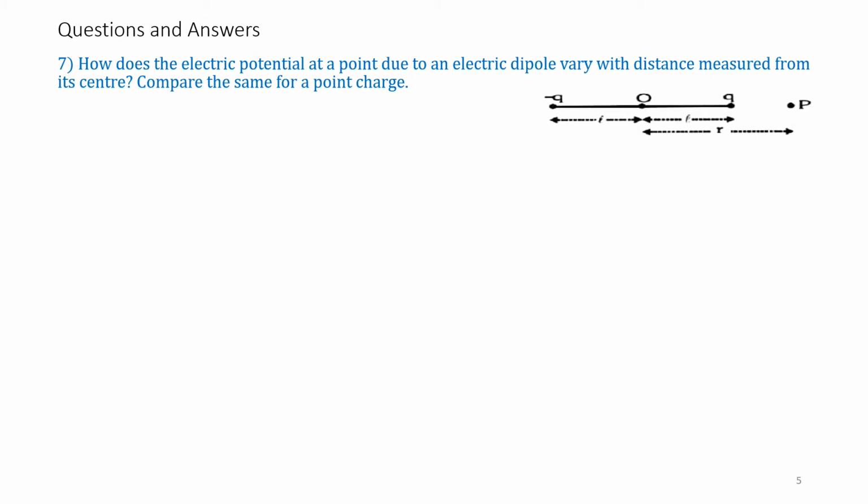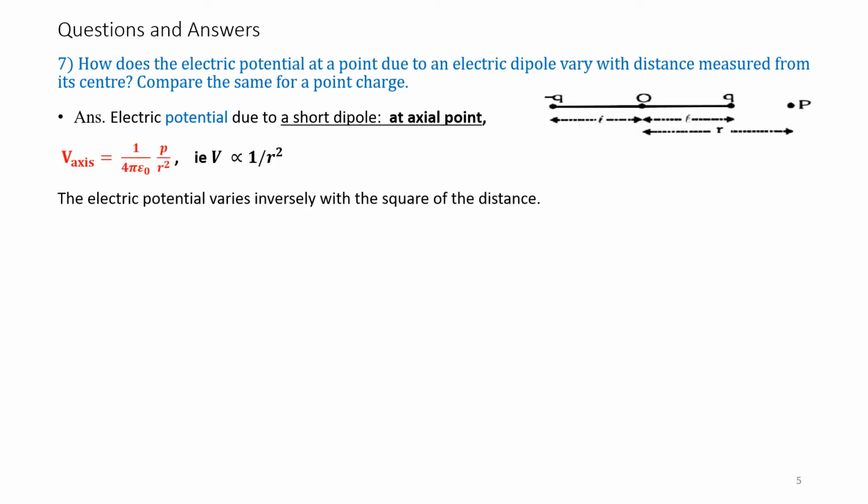Plus q and minus q separated by a distance 2l or 2a constitute a dipole, and point P is along the axial point. Answer: the electric potential due to a short dipole at an axial point is given by V axial is equal to 1 over 4 pi epsilon naught P by R square, where P is the dipole moment. That is, V is proportional to 1 over R square.